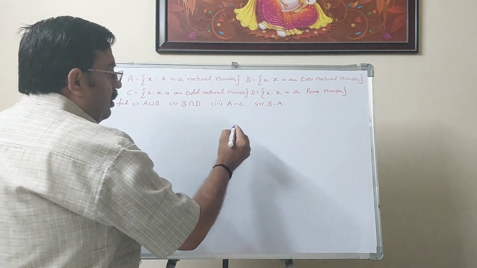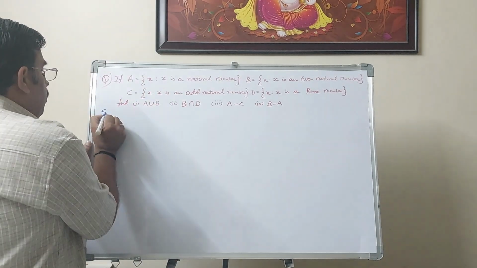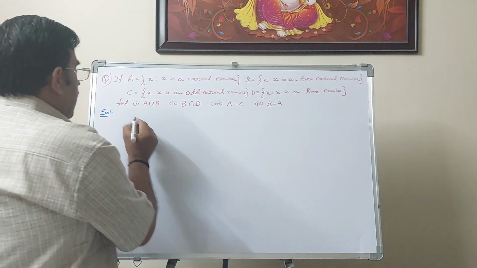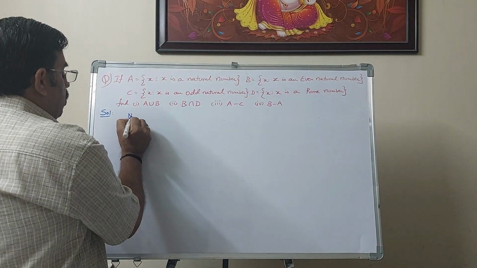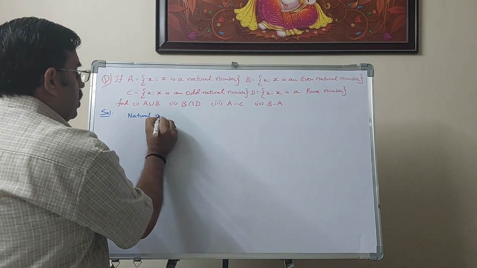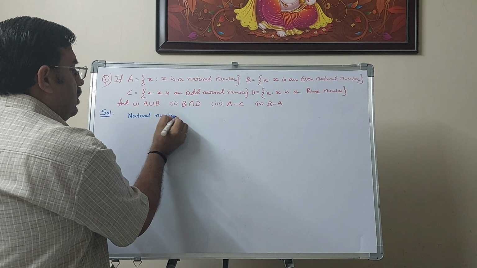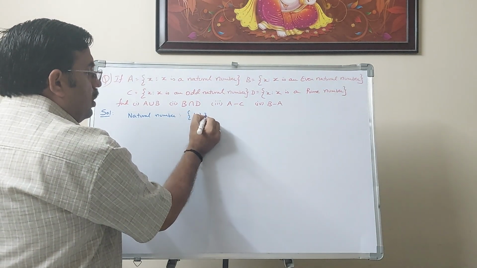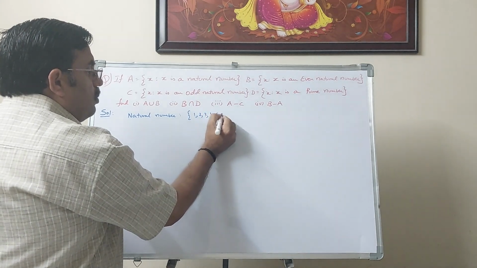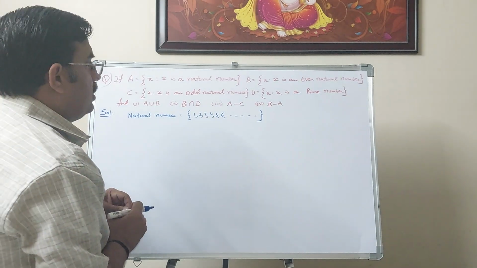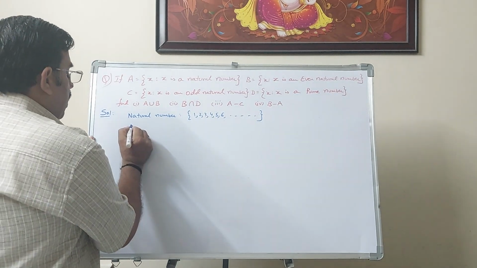Before doing this solution, just to understand what is a natural number. How do you write the natural numbers? Natural numbers are the set consisting of 1, 2, 3, 4, 5, 6, and so on. What are even numbers?